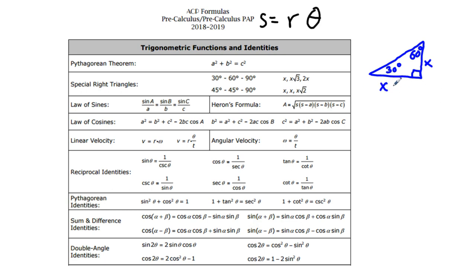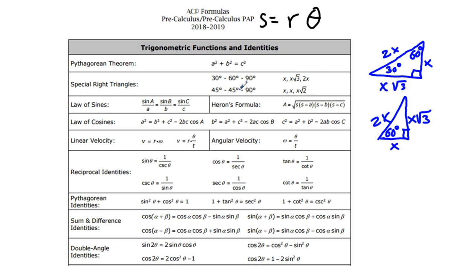X square root of 3 is our next smallest side. And then our hypotenuse is 2x. If we orient the same triangle a little differently, like this, we have our theta here at 60 degrees. Well, in this instance, our x is going to be down here, x square root of 3, and 2x again is our hypotenuse. So those are a couple of our possibilities.